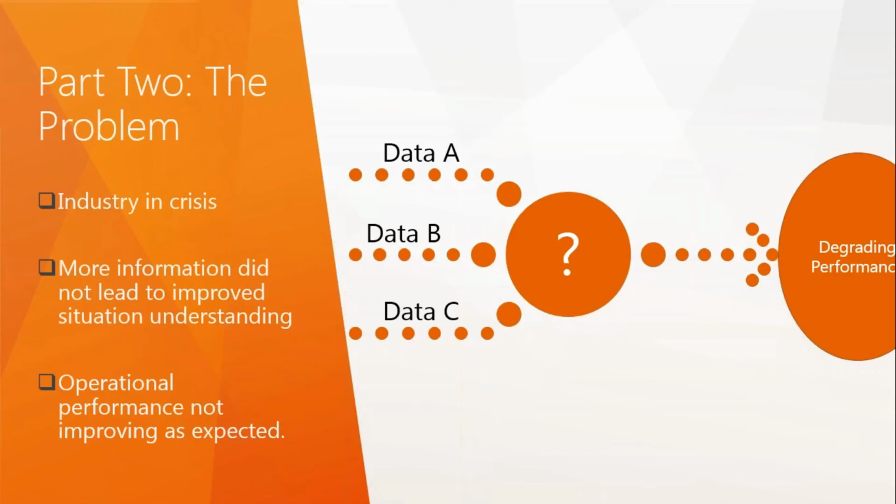So let's see if we can spend a few minutes on trying to define the problem before we proceed to some set of solutions. The first thing is that across the board we can say, although it might be a little bit hyperbolic, that most of our industries are in some form or fashion in crisis.